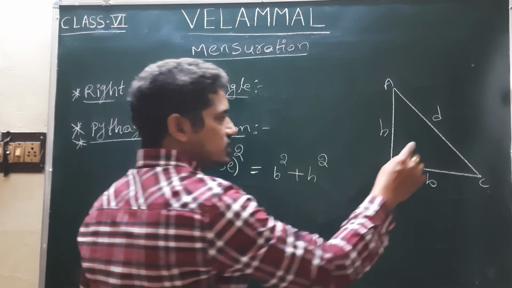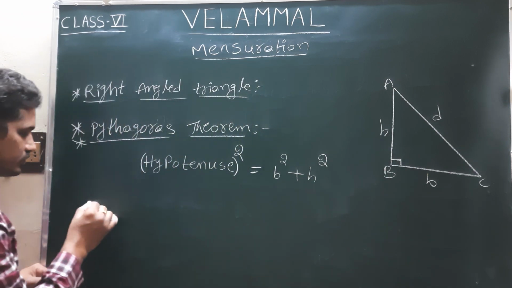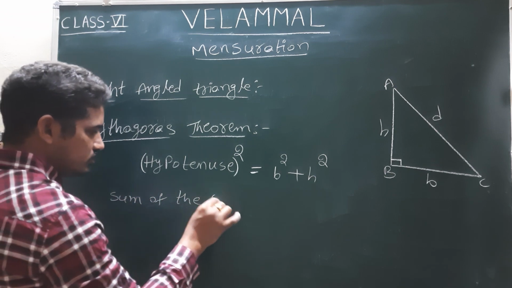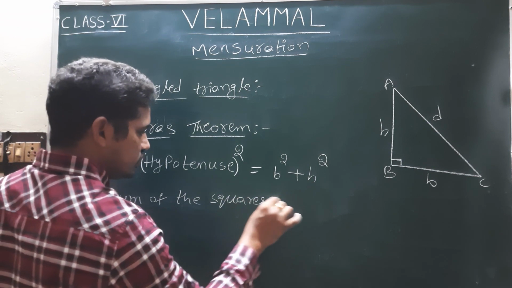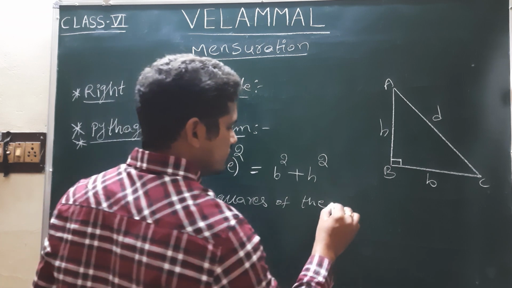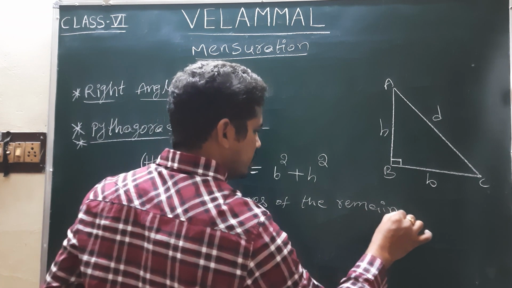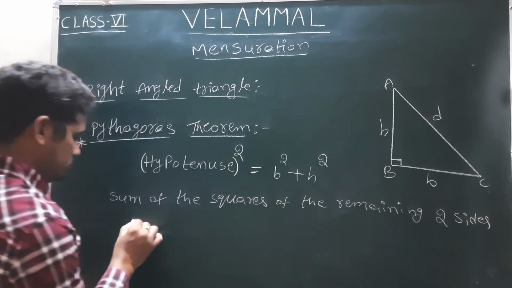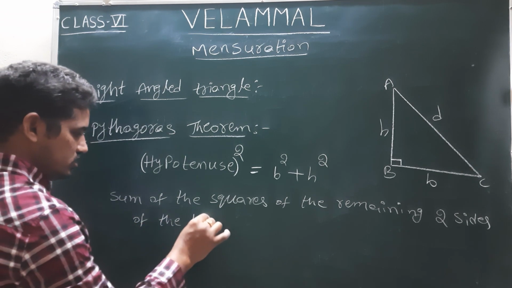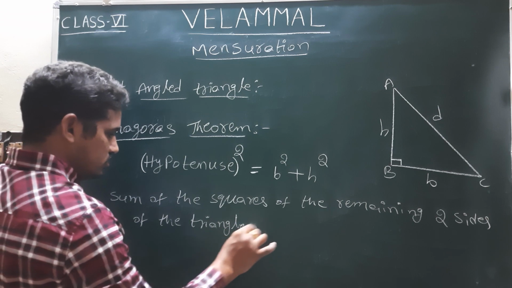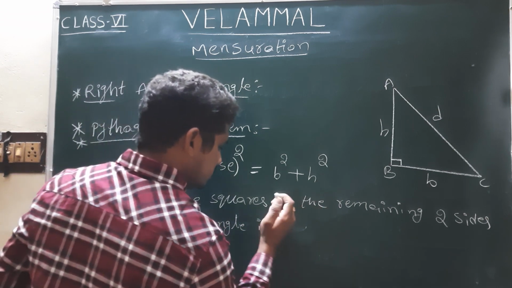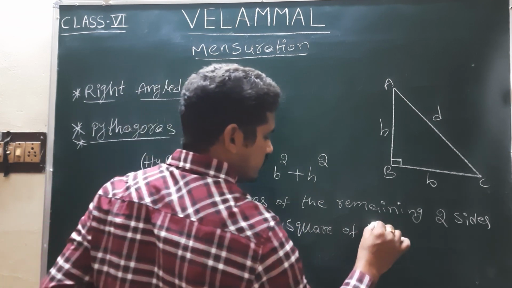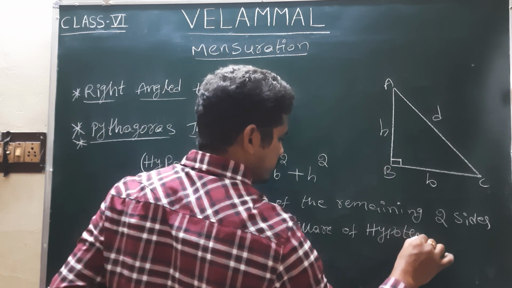See, hypotenuse square is equal to the sum of the squares of the remaining two sides of the triangle.